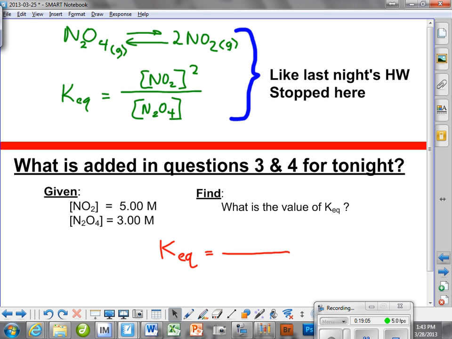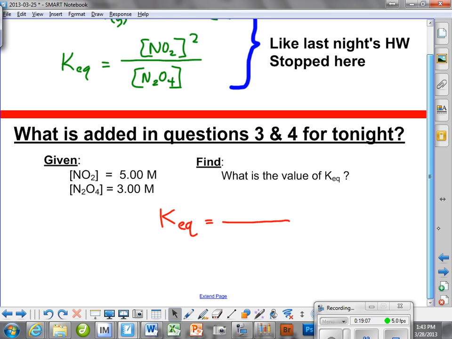Now let's do this guy again. Same kind of deal. This time we had a really simple equation: NO2 is going back and forth with N2O4, and they're both gases. So this isn't a heterogeneous, is it?